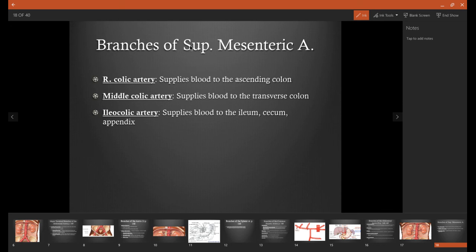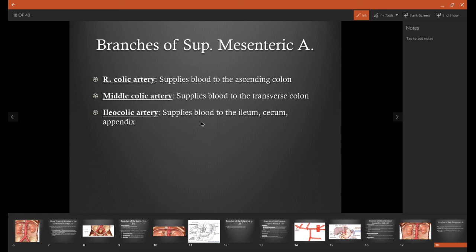Now, we're actually going to learn the branches of the superior mesenteric artery as well. Our first one is called the right colic artery. This is the artery that branches off the superior mesenteric artery and takes blood to the ascending colon. The middle colic artery will go upward and supply blood to the transverse colon. And then we have the ileocolic artery.